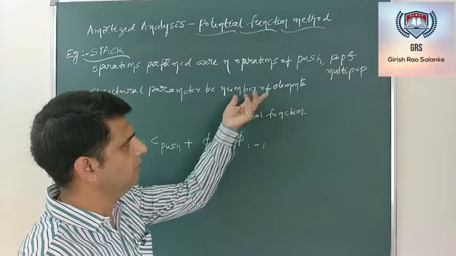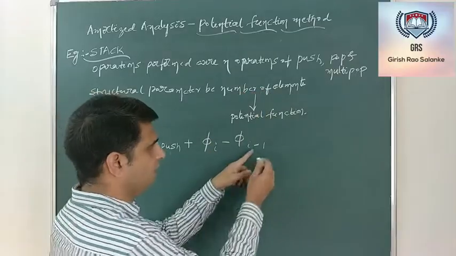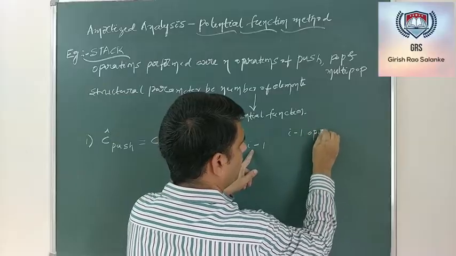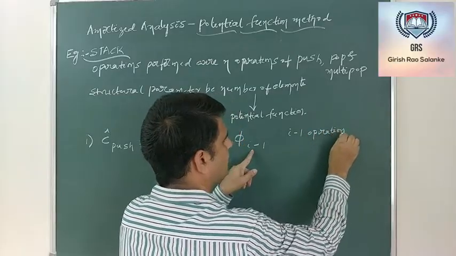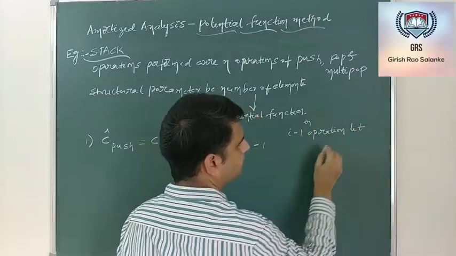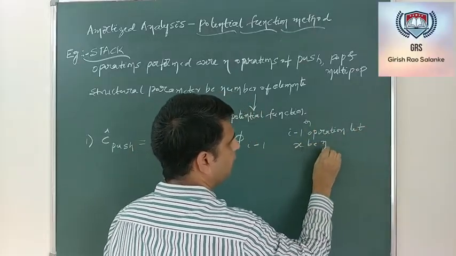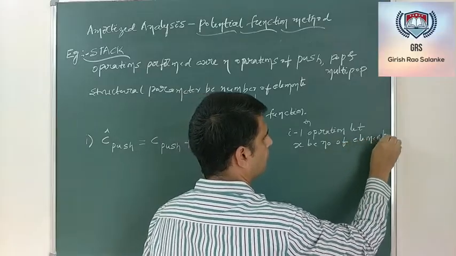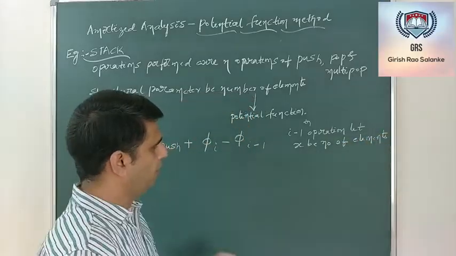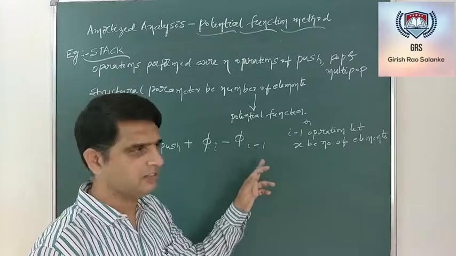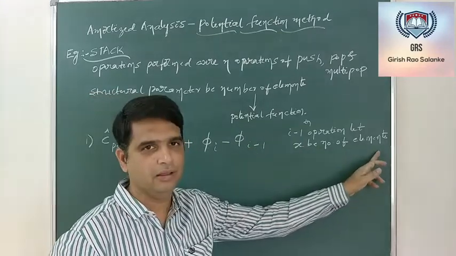The potential function was nothing but the number of elements. In the sense, after performing the i minus 1th operation, let x be the number of elements in my stack.